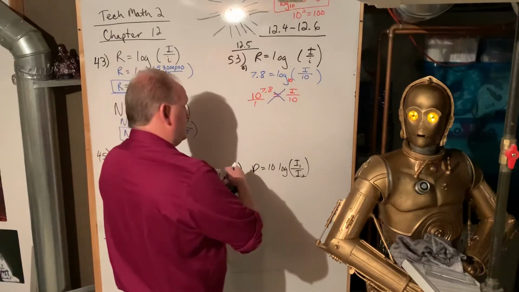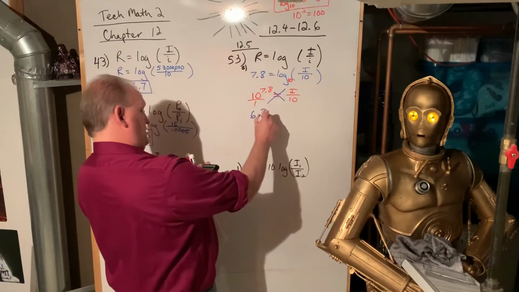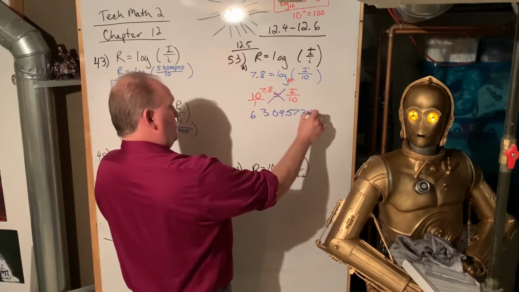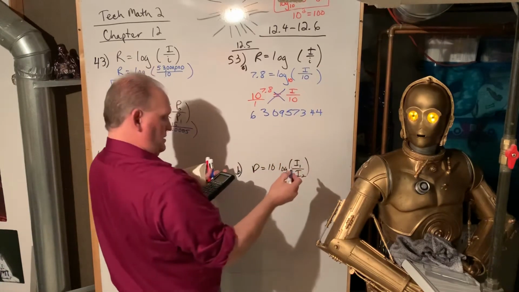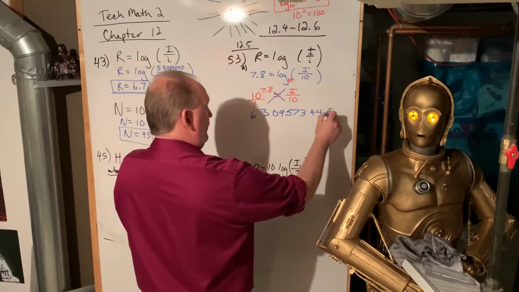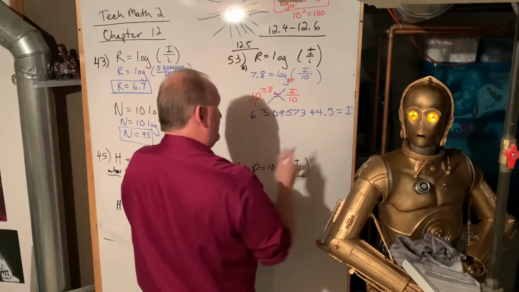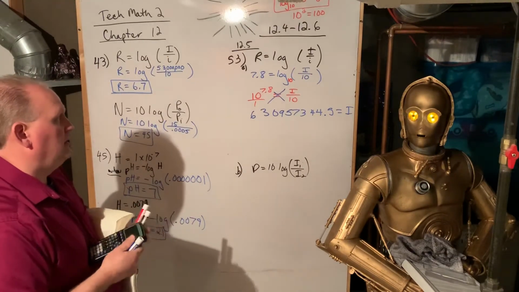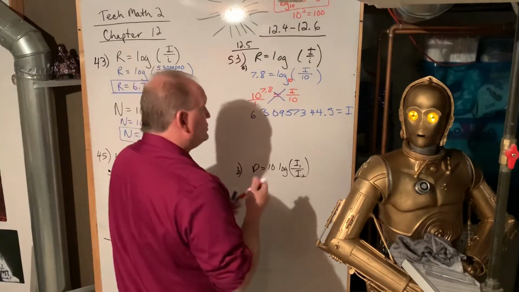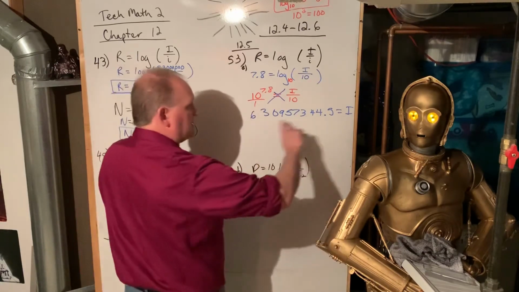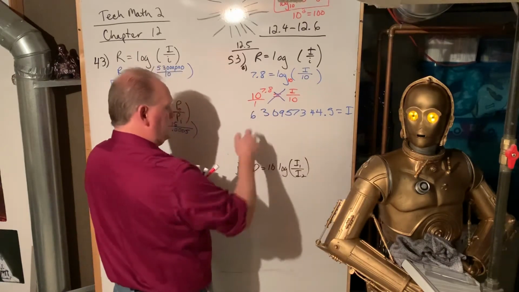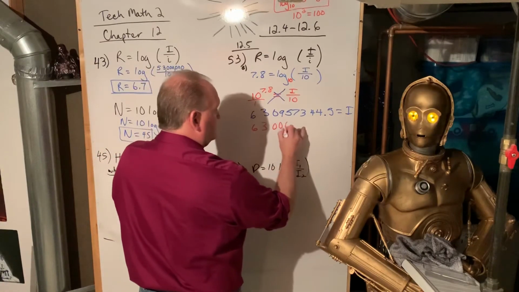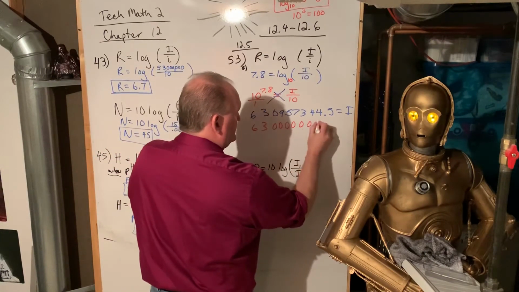So that turns out to be 630957344.5, and that's equal to I. All right, so they want only 2 significant digits, remember? So we're going to zero out everything. We're just going to do 63, and then all of these are going to become zeros.